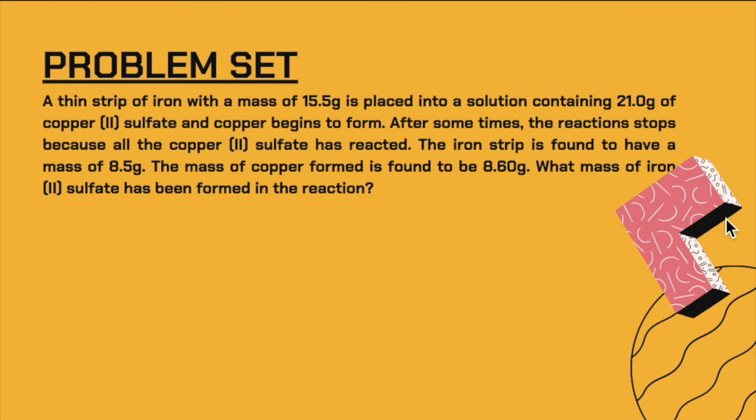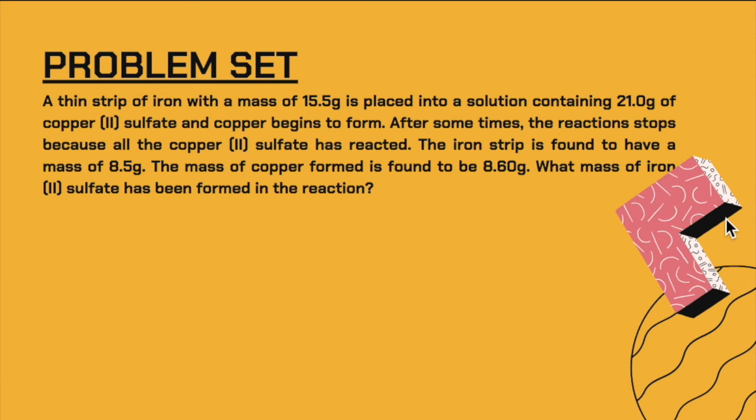The reaction stops because all the copper 2 sulfate has reacted. The iron strip is found to have a mass of 8.5 grams. The mass of copper formed is found to be 8.60 grams. What mass of iron 2 sulfate has been formed in the reaction?